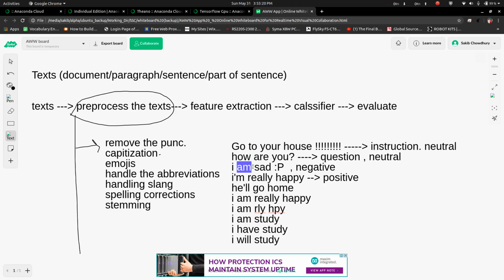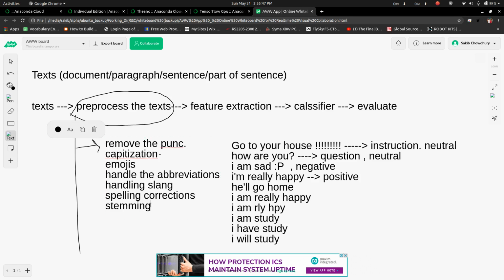There are a lot of words which are redundant information, and we don't need them when we are predicting sentiments in texts. So we might have to remove them, because when your system is fed redundant information, it might mispredict. That's why we have to remove these words. These words are called stop words, and we might have to remove the stop words.